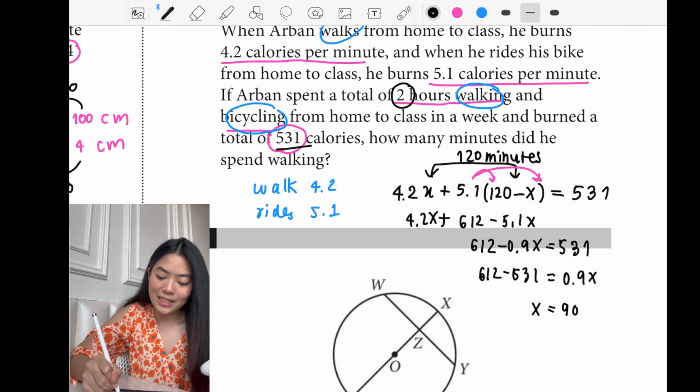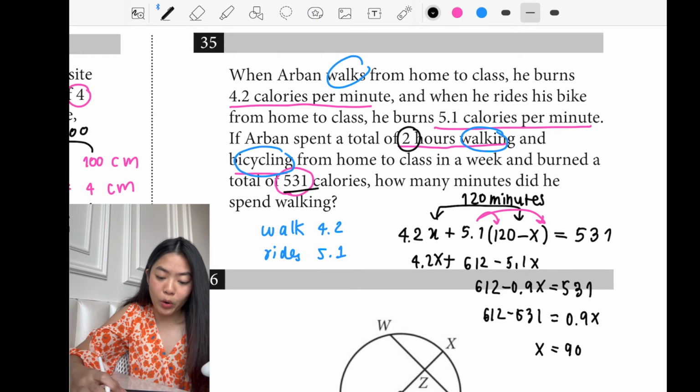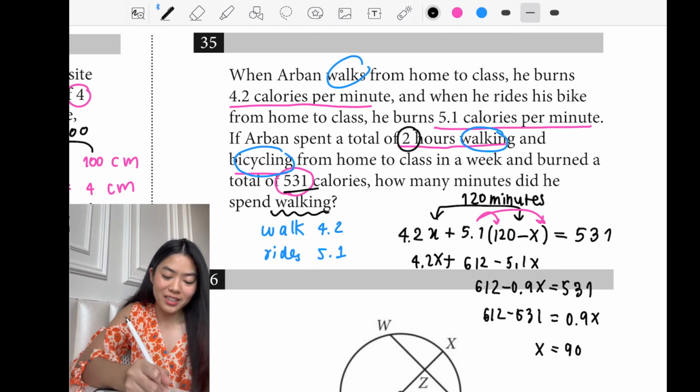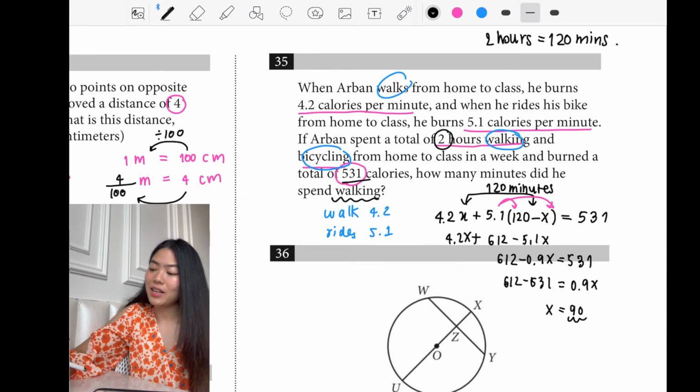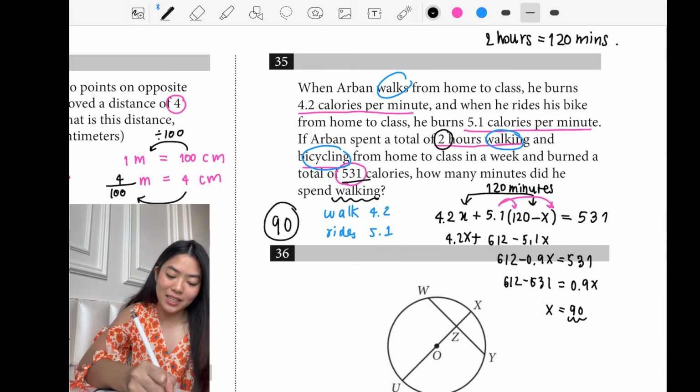Then x is 90. 90 for 4.2, which is walk. The question wants the time spent walking, so it's 90 minutes. Therefore, 35, the answer is 90.